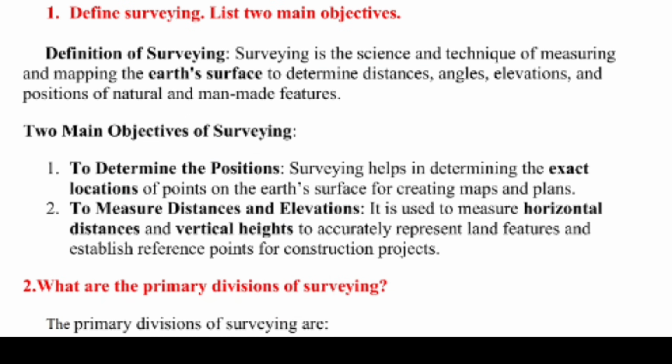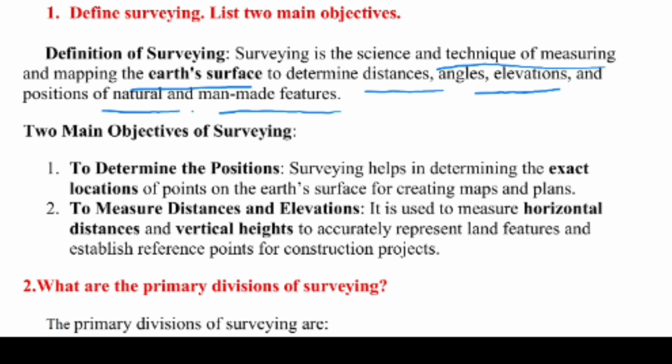Next question: define surveying and list the main objectives of surveying. Surveying is a science and technique of measuring and mapping the earth's surface with different distances, angles, elevations and positions of natural and man-made features.